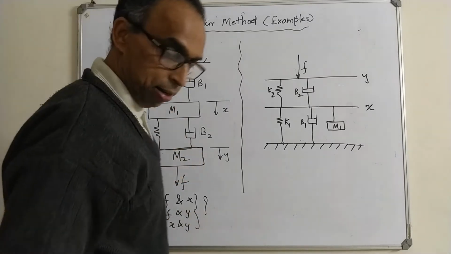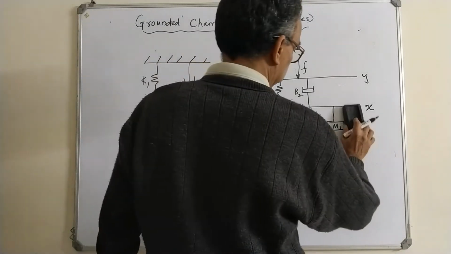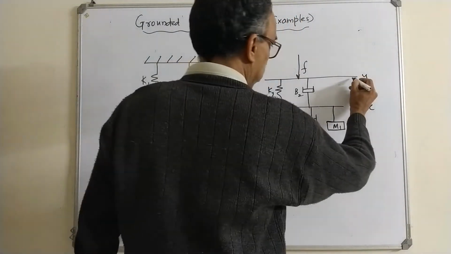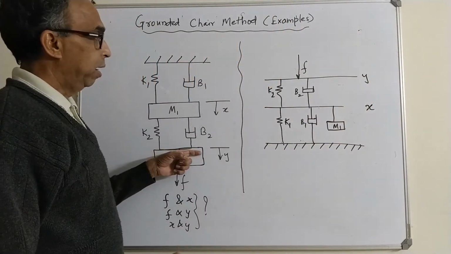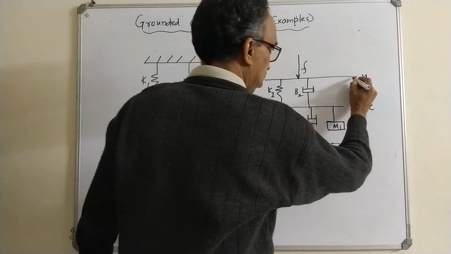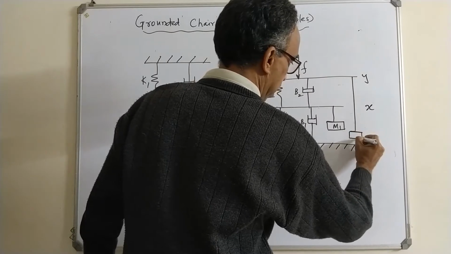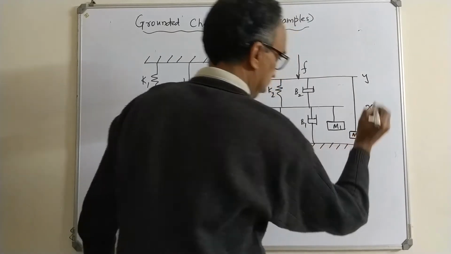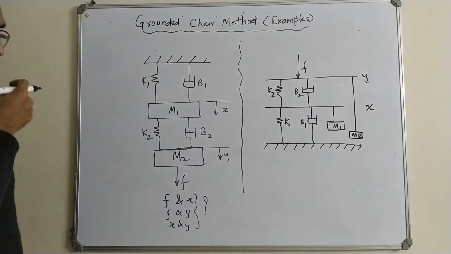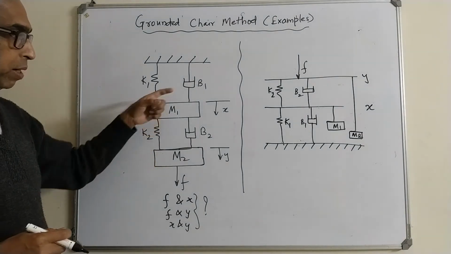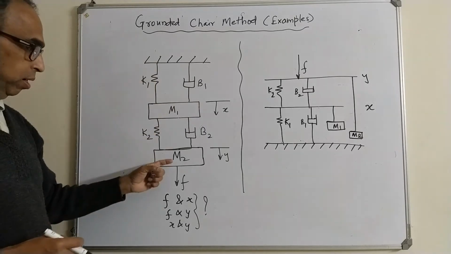What do I need to do then? I need to draw the mass which is between Y and ground, of course. So I bring a line from Y, call this M2, because the inertia force of M1 is between the coordinate and ground.